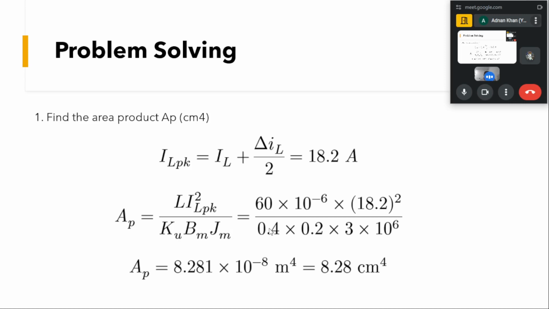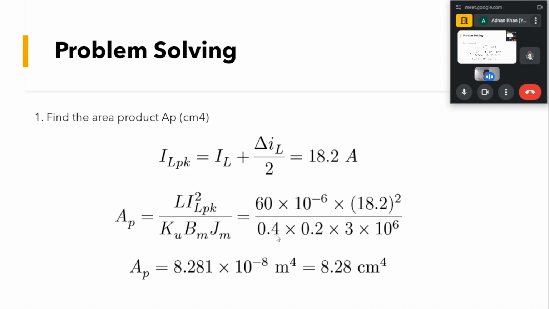So the first thing is to have all these parameters in the standard form, in their SI units, and after that make the appropriate conversion. So KU is given, BM is given, and JM is given.